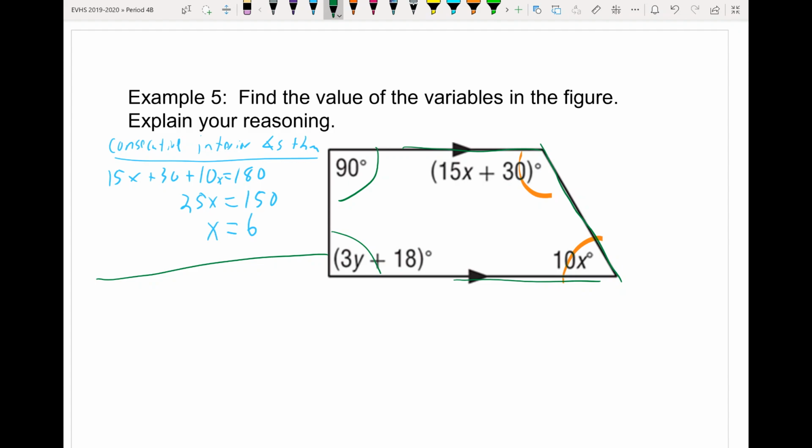So by the same theorem here, I know that 90 plus 3y plus 18 equals 180. When you get more experience, I'm going to be okay with you jumping straight to that equaling 90. But for now, I don't want to give that mistaken impression. So that gives me 3y plus 108 equals 180.